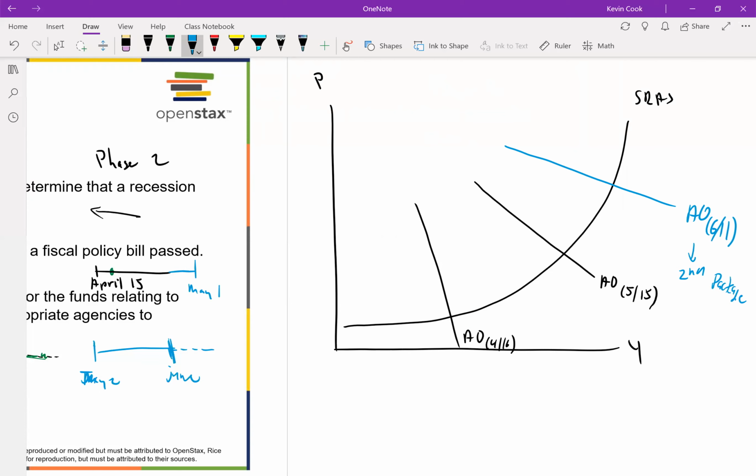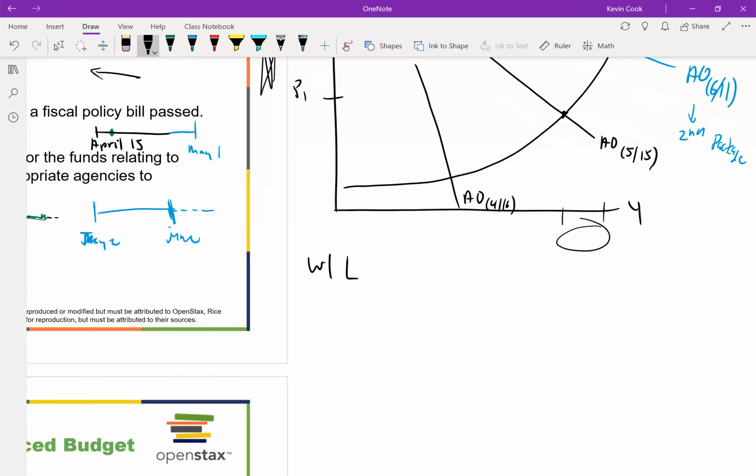So if things were to pick up and then we pass the stimulus package, we could potentially run into this huge problem of inflation. Right, so we have P2, P1, and it's a relatively large amount of inflation with a relatively small amount of economic growth.